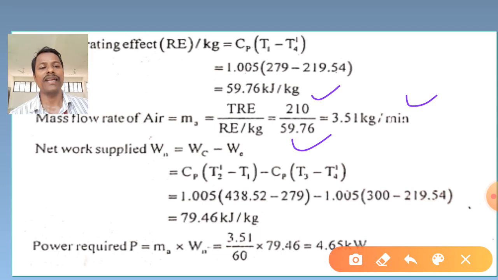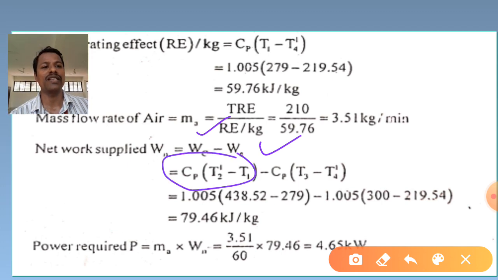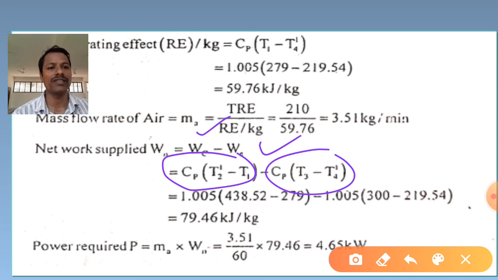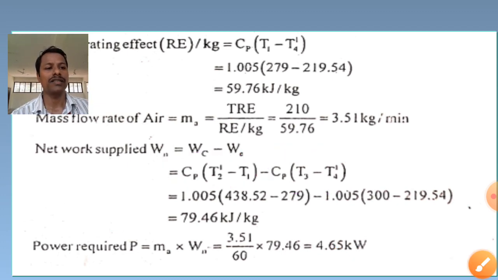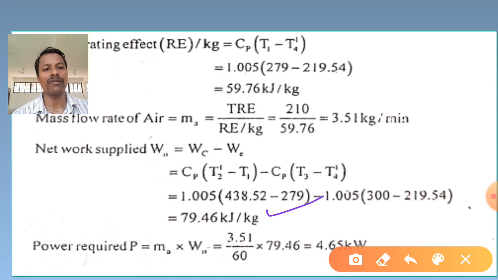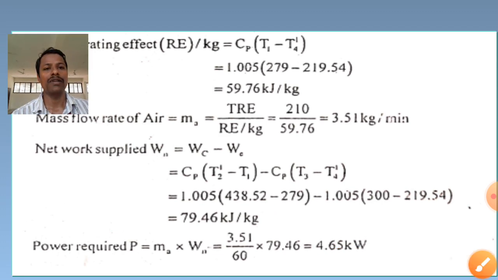So net work supplied is compressor work minus expander work. So here Cp into T2 dash minus T1, minus Cp into T3 minus T4 dash, this is it. So hence substitute the known temperature values and Cp for this, and I will be able to calculate the net work.